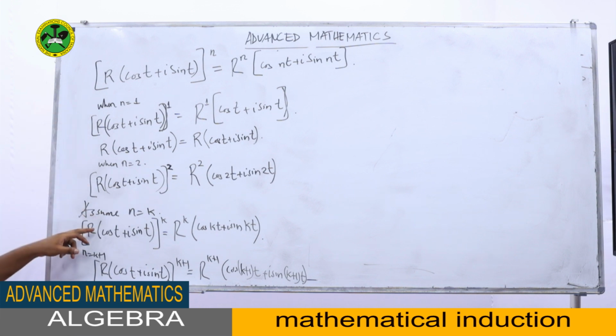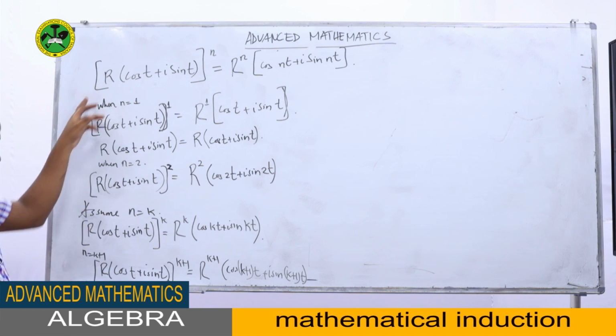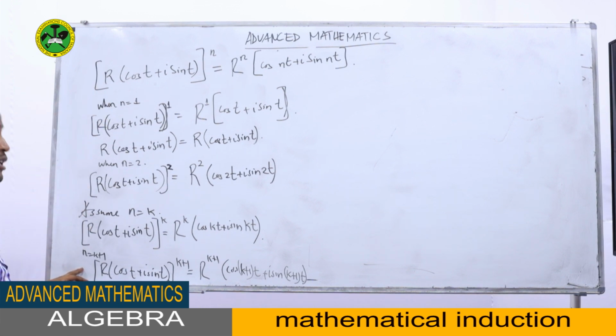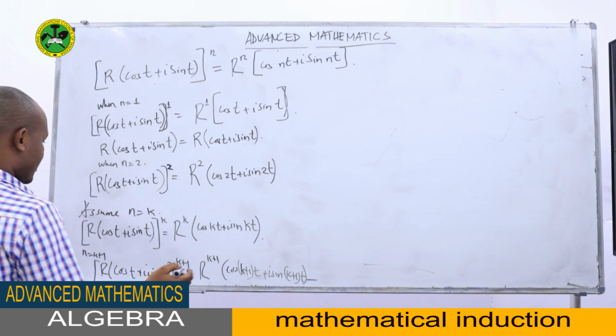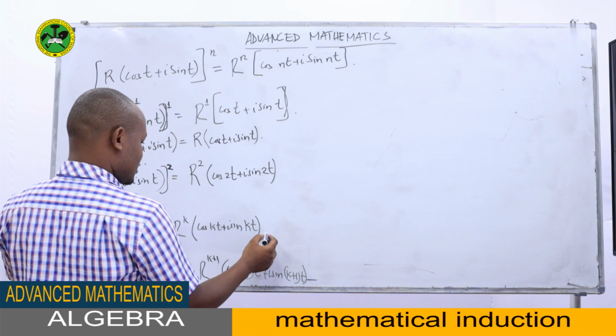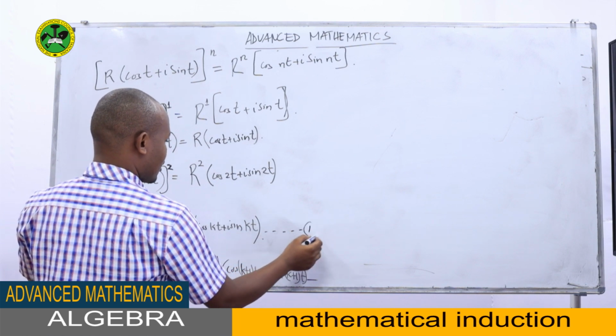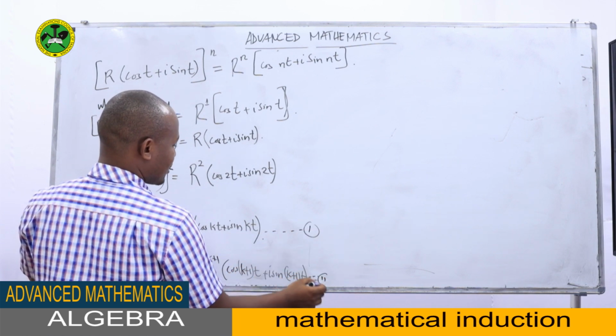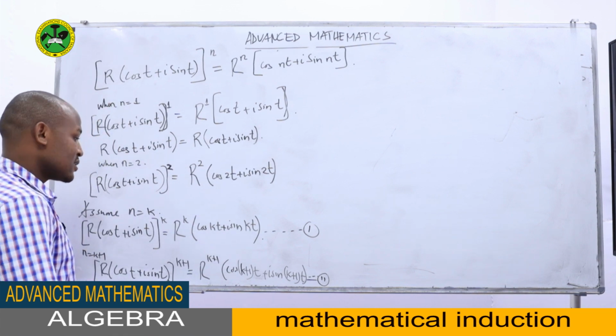If these are true for all the positive integers, then this also should be true. And how do we do that? Now, calling this equation number 1, and this equation number 2 that is supposed to be proved, let's do the following.